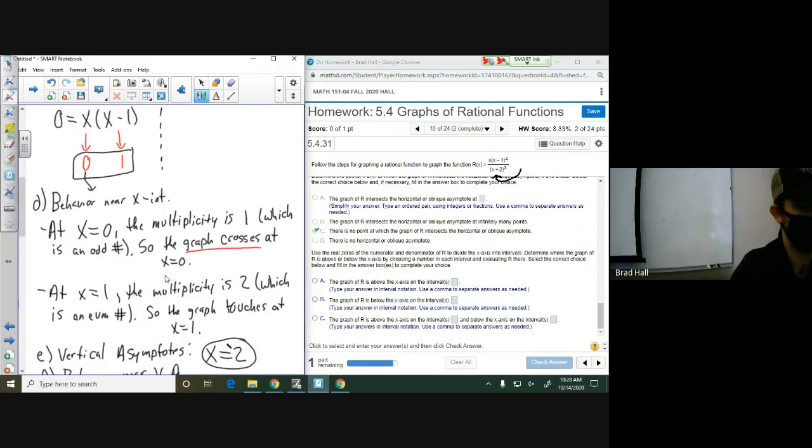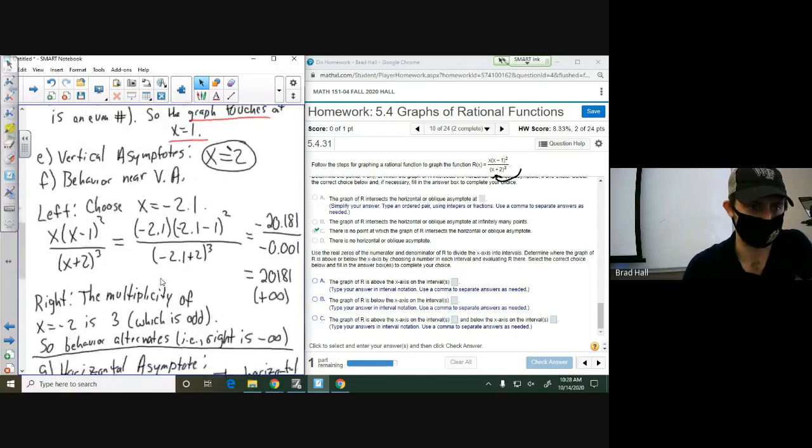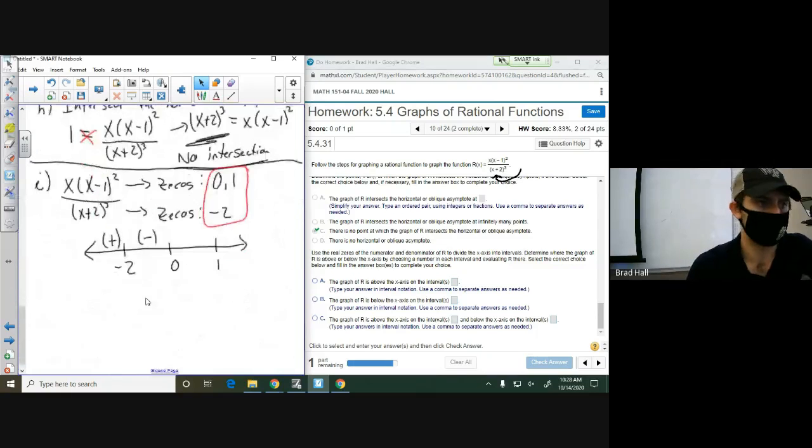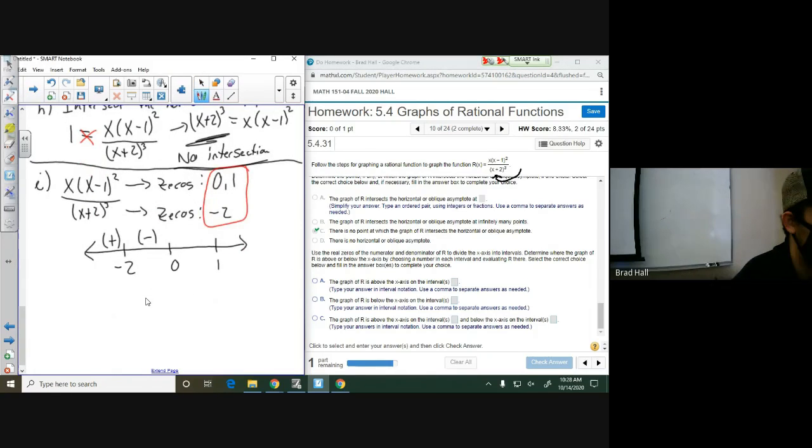So the graph crosses at x is equal to 0, and the graph touches at x is equal to 1. So let's go ahead and write down that information down here, because that's going to be helpful. So crosses there, touches here.